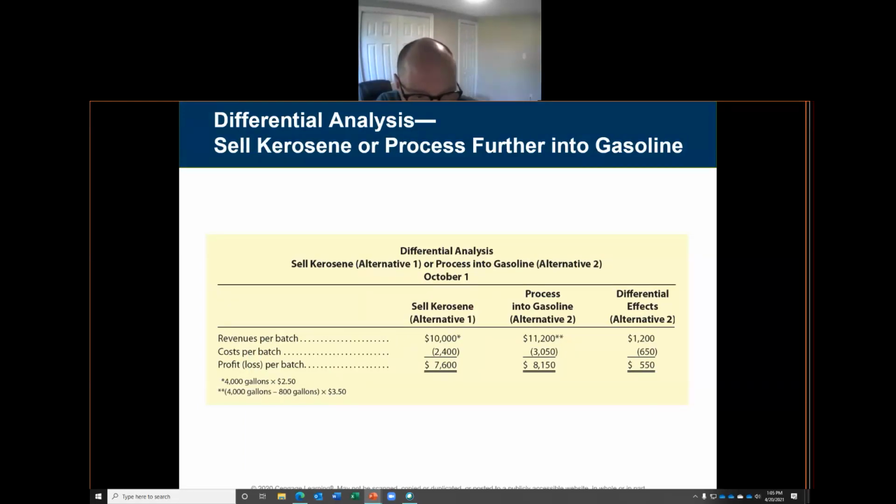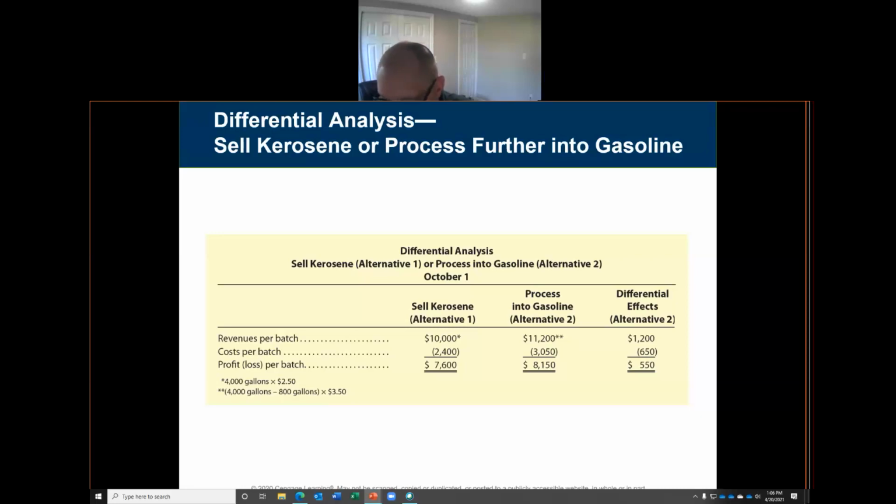You take your revenue, 4,000 gallons, $2.50 for kerosene, $3.50 for gasoline. $10,000 revenue for kerosene, $11,200 for gasoline, difference of $1,200. Cost per batch, 2,400 versus 3,050.